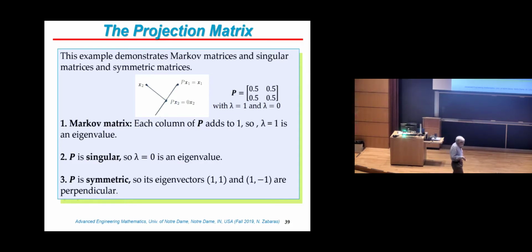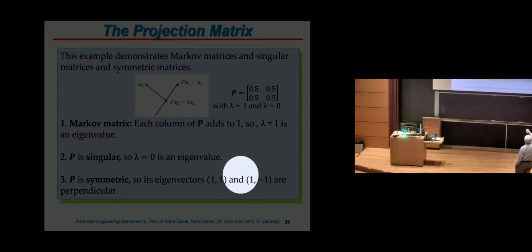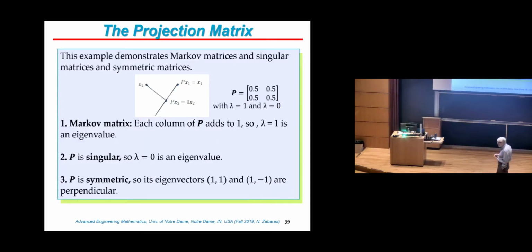In principle, geometrically, you expect it to be orthogonal: x1 is here, x2 is orthogonal to x1. So this is represented with the two eigenvectors, because they span the two orthogonal complementary subspaces, the null space and the column space, drawn here with these two lines.